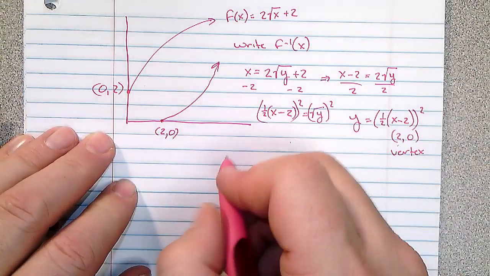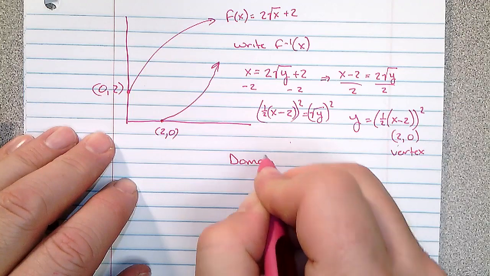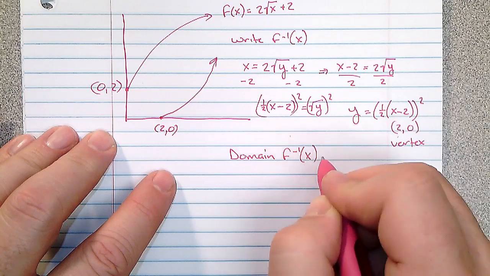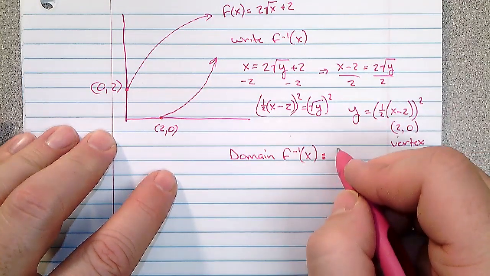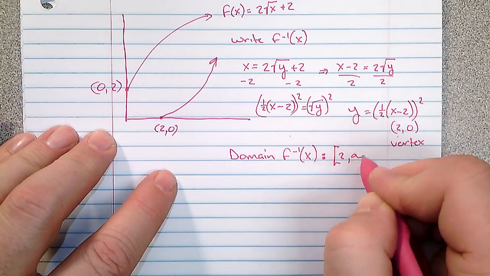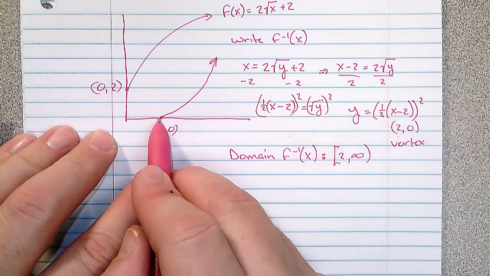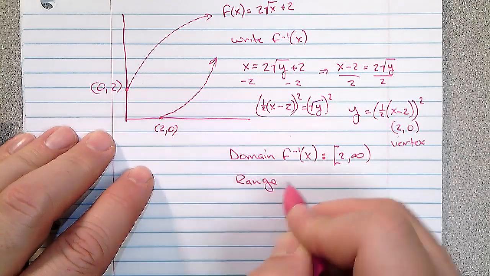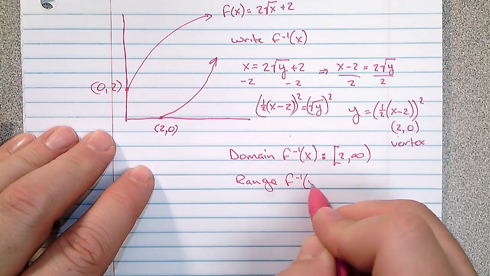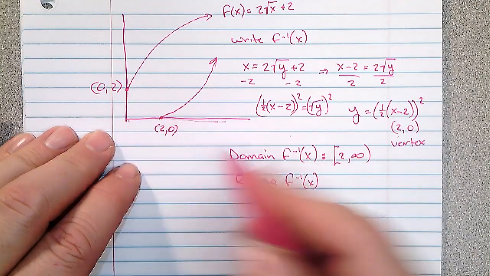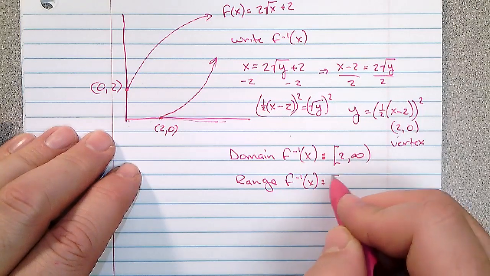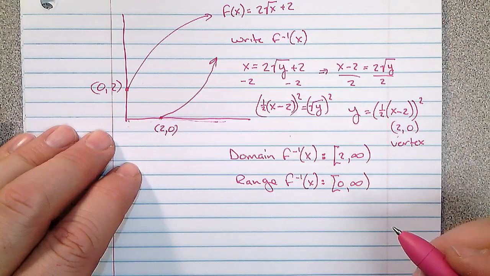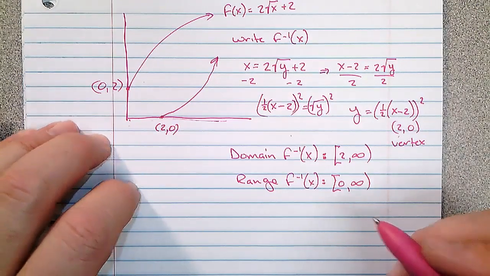So the domain of f negative 1 of x is going to be 2 to infinity, restricted so that it's the range of this one. And our range of the inverse is going to be our lowest y value, 0, because that's our vertex, 0 to infinity. And there we go. And now we're done. Ta-da!